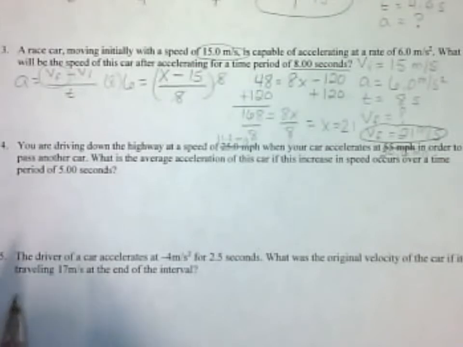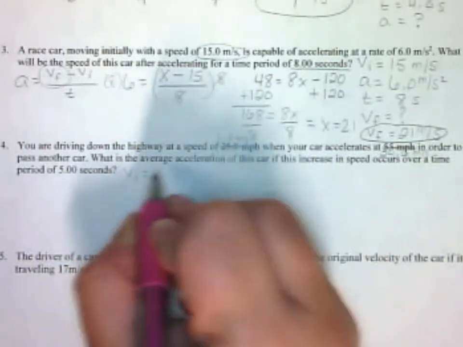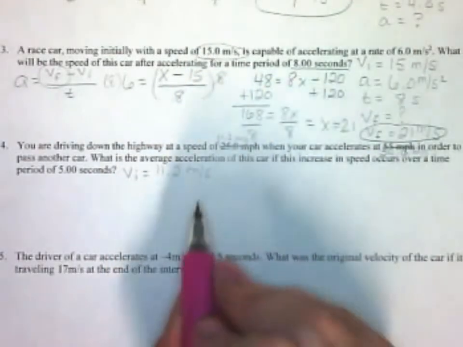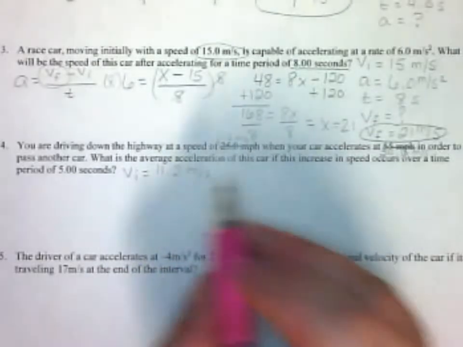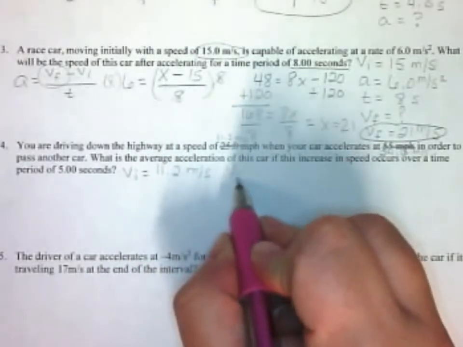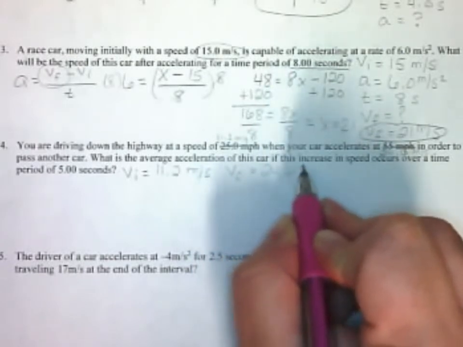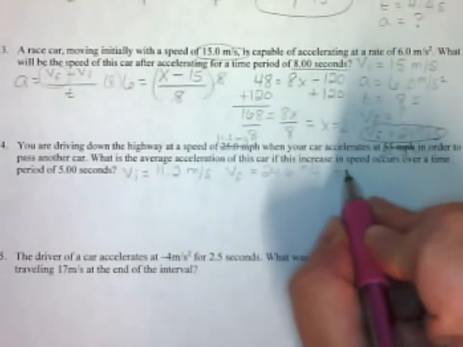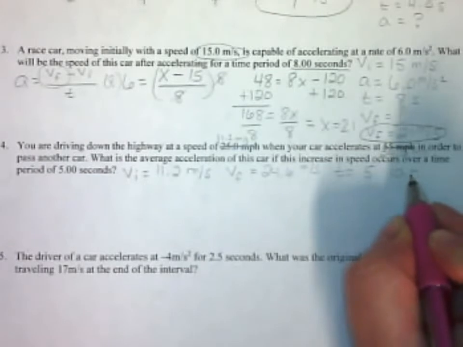All right, so let's write down what we know. We know that our initial velocity, coming first, is 11.2 meters per second. And then our final velocity is 24.6 meters per second. Our time is 5 seconds, and we are wanting to know our acceleration.